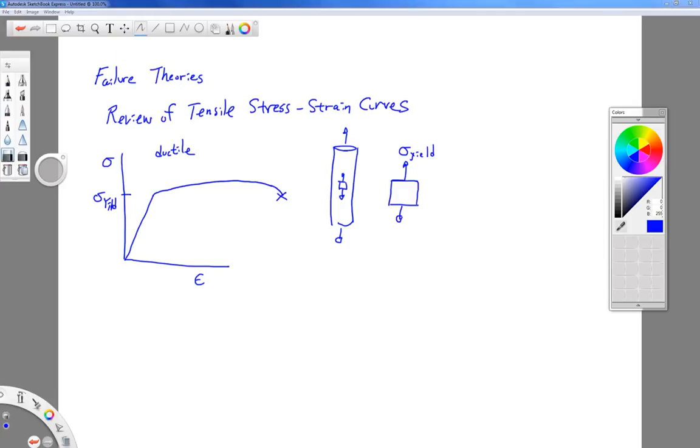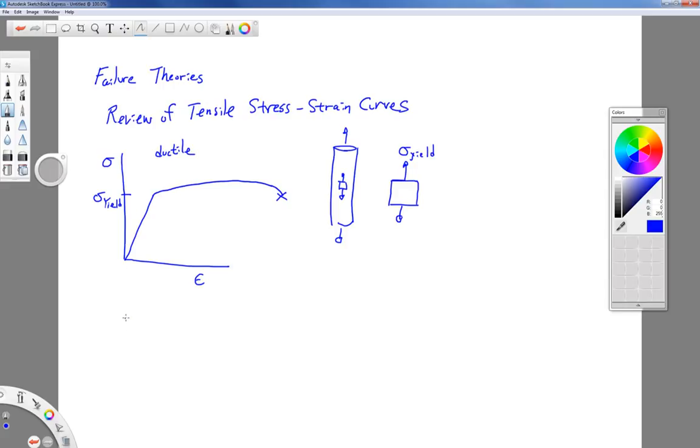And if I'm analyzing a structure and I see that stress is at sigma yield, then I can say that material has yielded. But the catch is that only works if you have a uniaxial stress state.